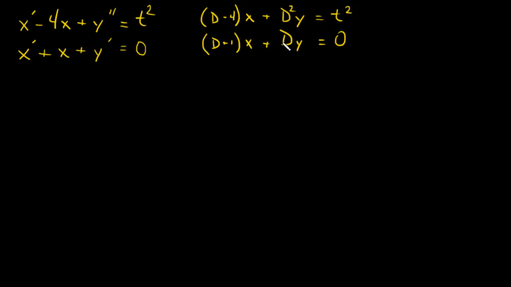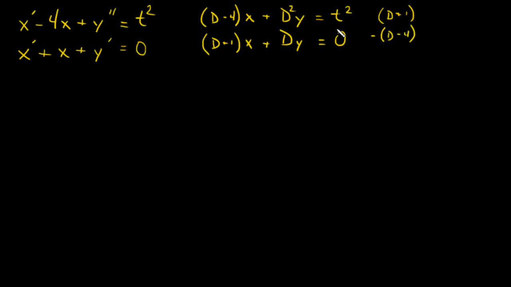All right. So what do you want to do? Well, I'm going to drop the x's out first. Not really any reason why. The y's are going to be easier, that's for sure, but I'm going to be difficult and drop the x's out first. I'm going to multiply the top one by positive D plus 1, and then the bottom one I'm going to do negative D minus 4.